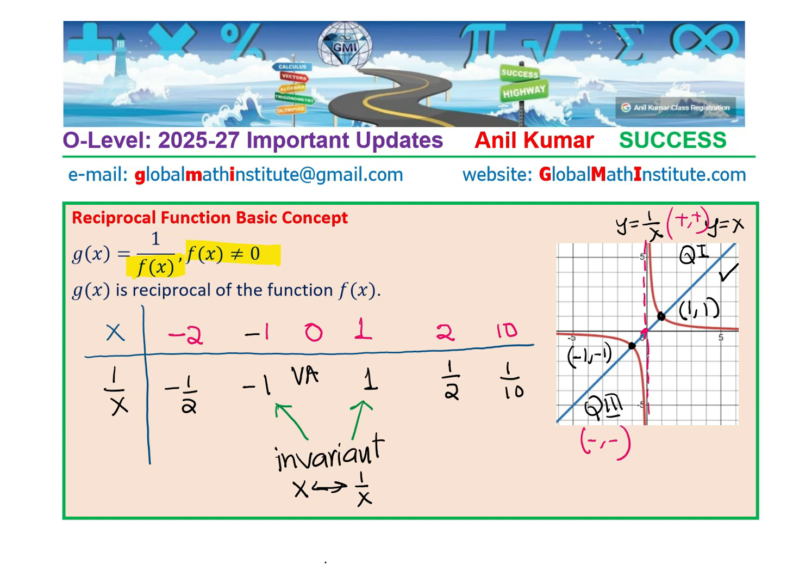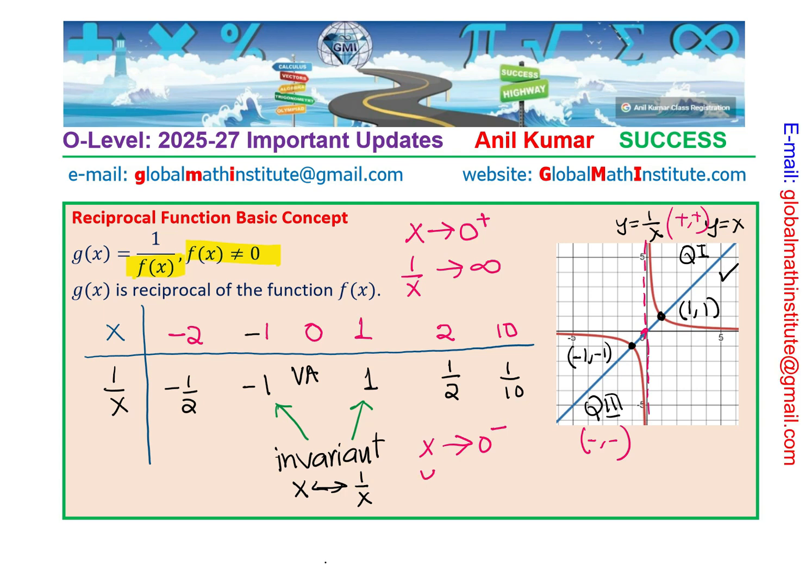So when x approaches 0, 1 over x approaches an infinitely large value. Obviously, if you approach 0 from the positive side, you go towards positive infinity. And if you approach 0 from the negative side, then 1 over x approaches negative infinity. Makes sense, right? As you can see here, correct?